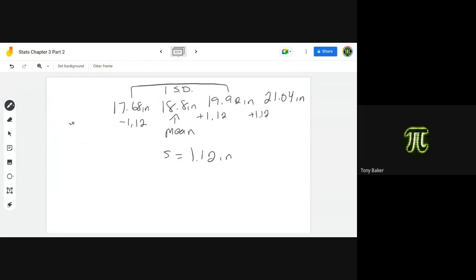Somebody should be checking these because I'm doing these in my head and I'm bound to make little mistakes. And 16.56. So 2 SD is from 16.56 to 21.04.